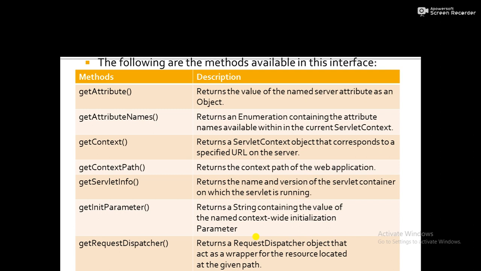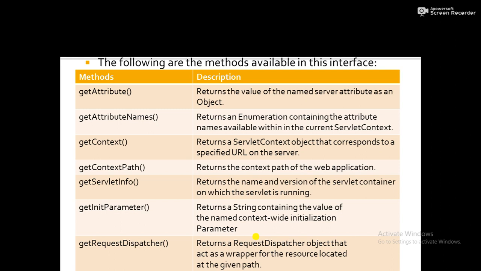Next point is getContextPath. It returns the context path of the web application where it is running. Then getServerInfo returns the name and version of the server, the servlet container, where the particular servlet is running.